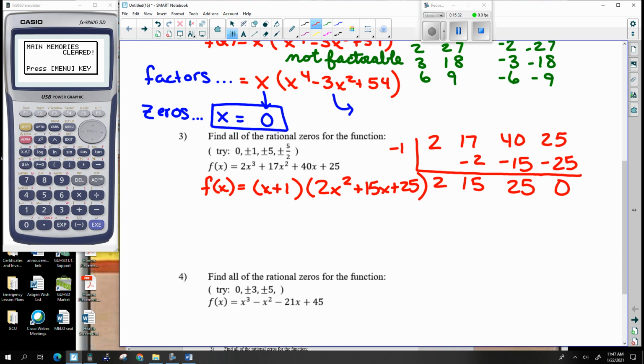And what that also means is x plus 1 is a factor. Okay. Now, looking at what I have here, I'm thinking that this might be a complex ABC. All right, so complex ABC means I multiply the first and the last number, and that's my multiplication number.